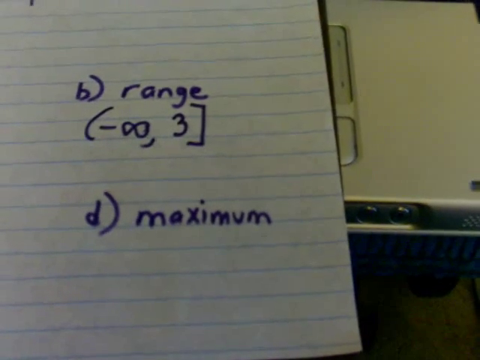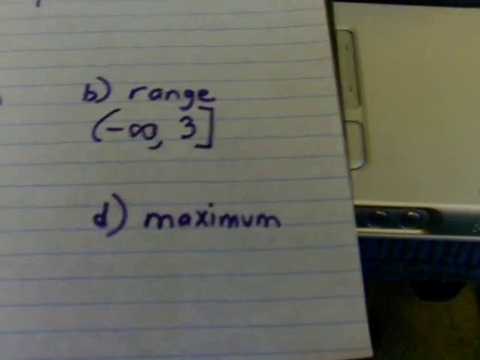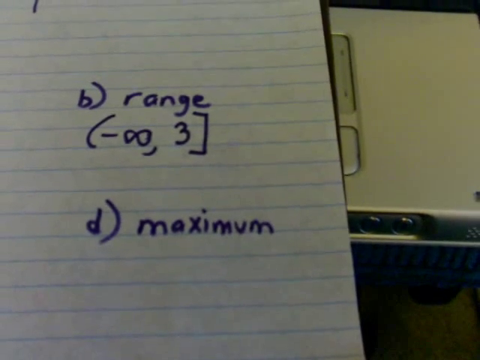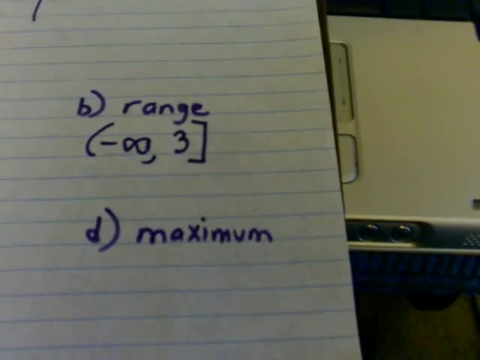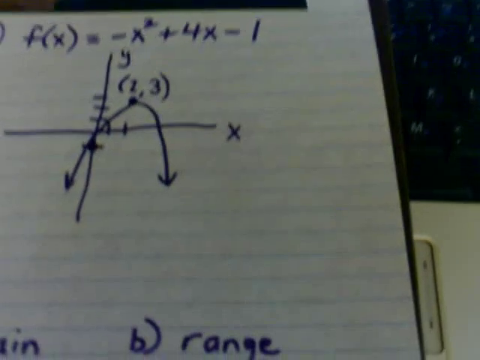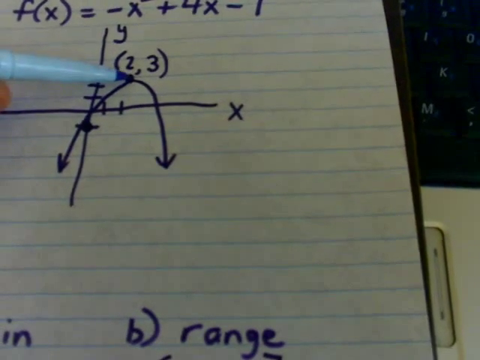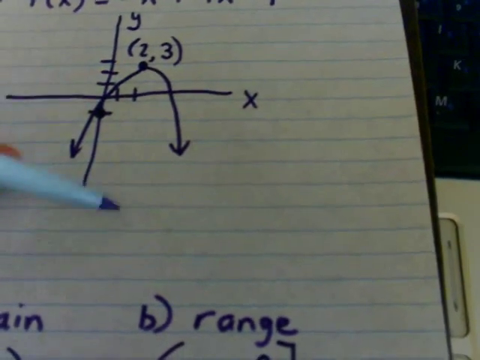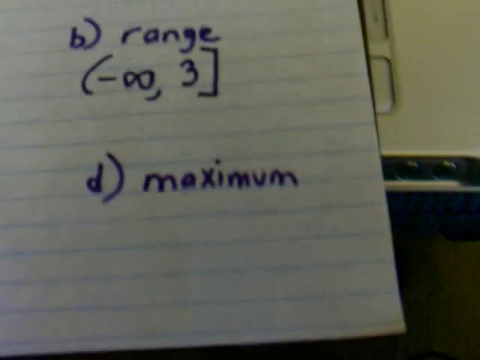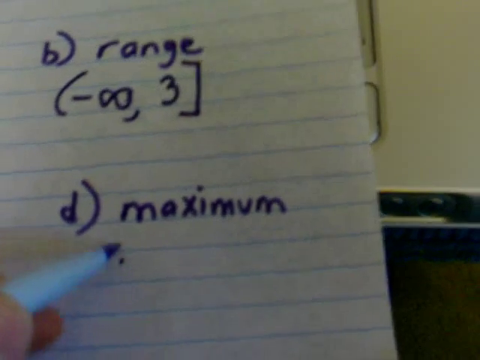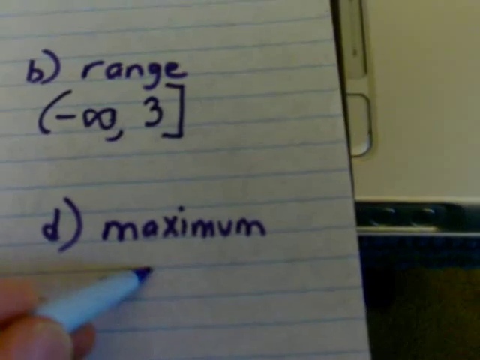And the maximum value is the y coordinate of the vertex. Maximum refers to the largest output the function ever has. And if you look at this parabola, the largest y value is the number 3. Every other y value is less than it. So the maximum value of this parabola is equal to 3. Okay.